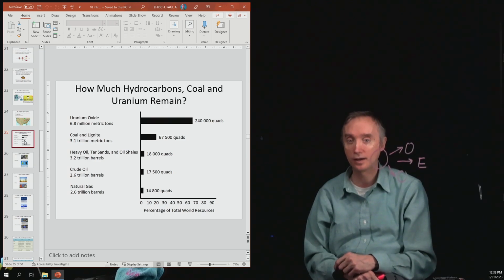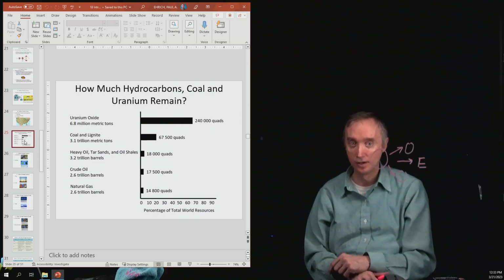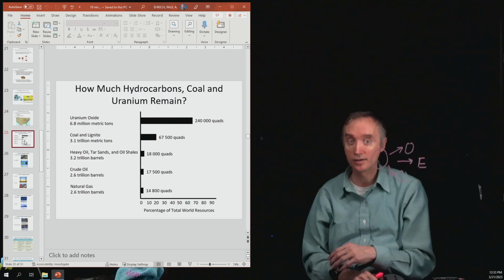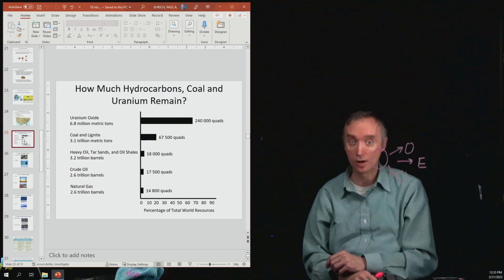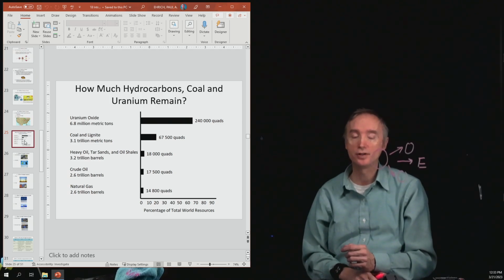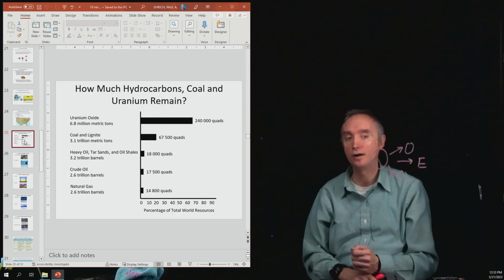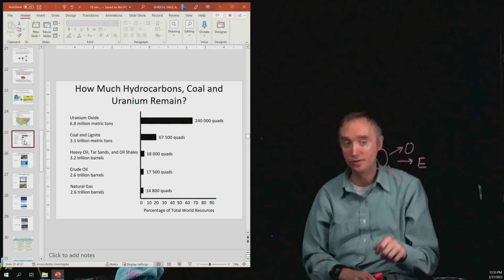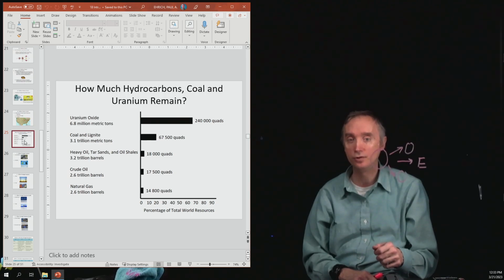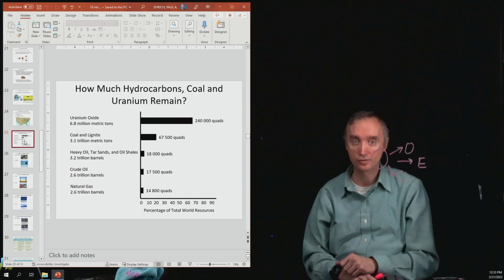You can go back and look at that previous video to find out just how much energy is in one quad, much less hundreds of thousands of quads. You will notice that the majority of energy that is still inside the Earth is going to be in the form of uranium oxide, so materials that we could dig up and then use in nuclear fission reactors.